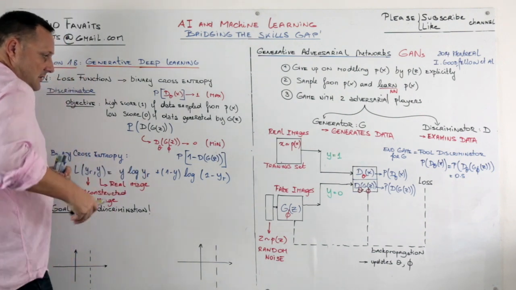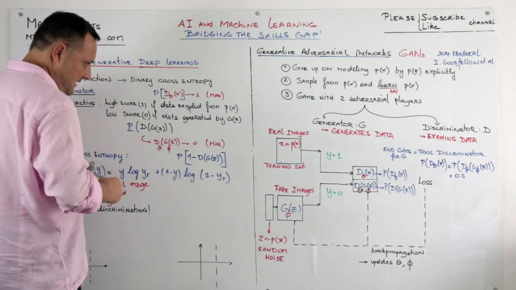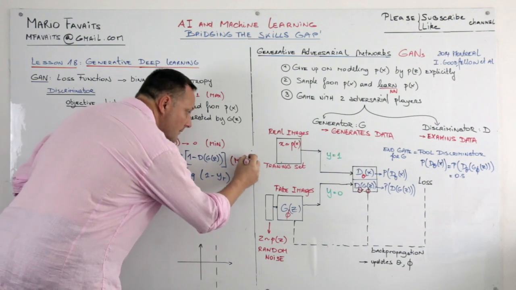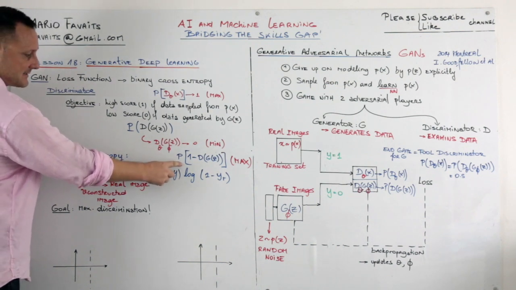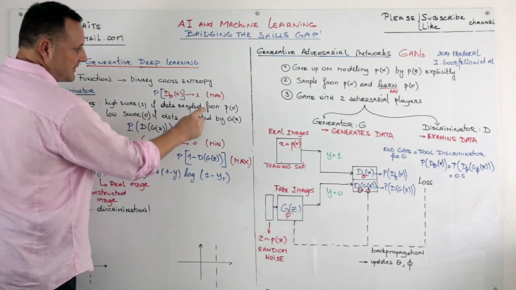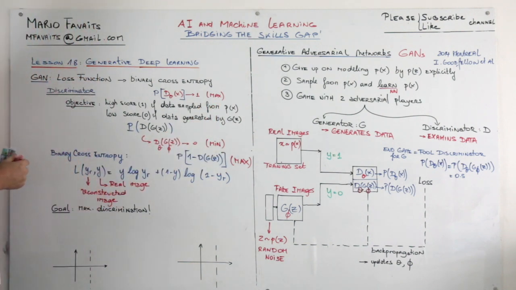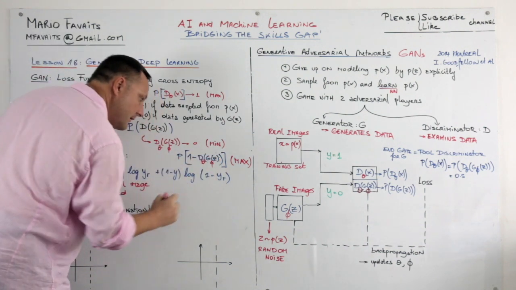So this we can maximize, and it means exactly the same as minimizing this one. So maximizing this one or minimizing this one is exactly the same, but the nice thing we have now is we have 2 times a maximum. And this again is theta, and this is phi.